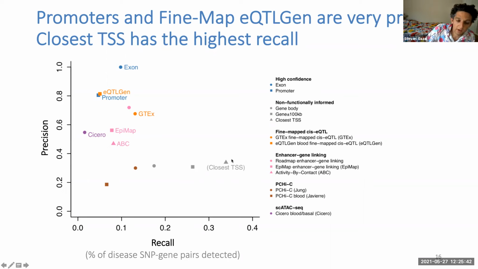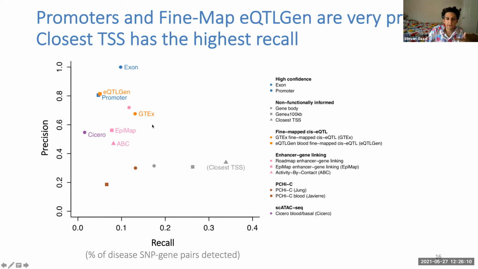It's around 35%. And what we have here is a group of functional assays that all have a high precision, between 50% and 80%, but a low recall, right? What we observed is that this precision and recall is a function of the biosample size of the functional assays.